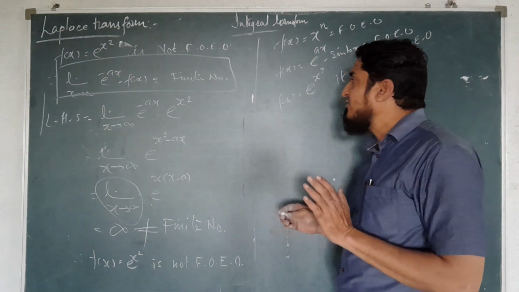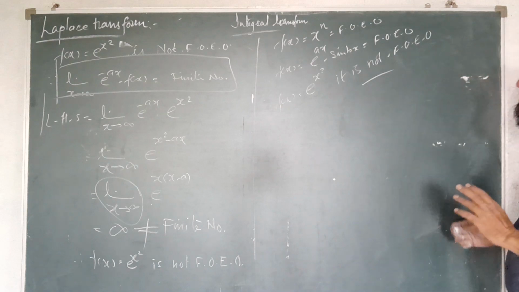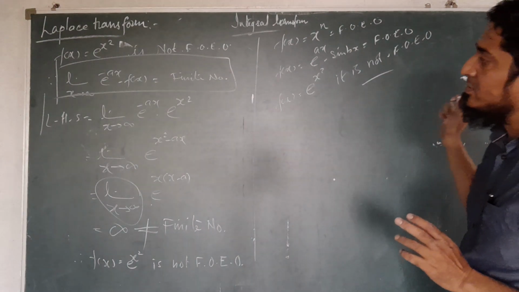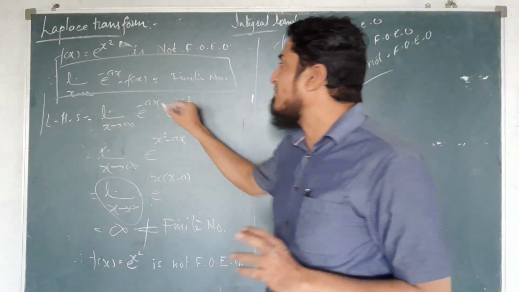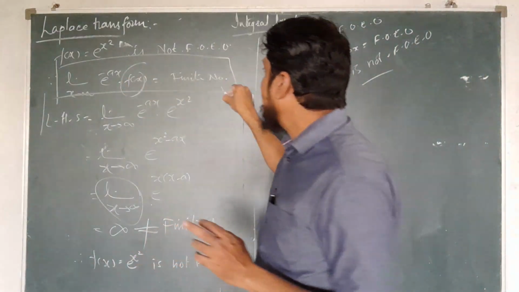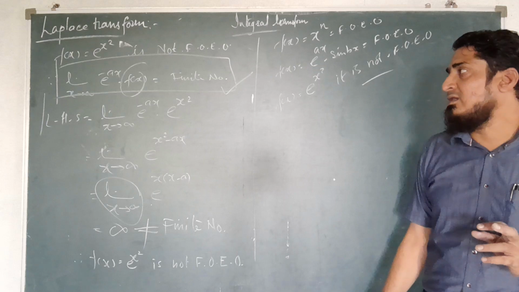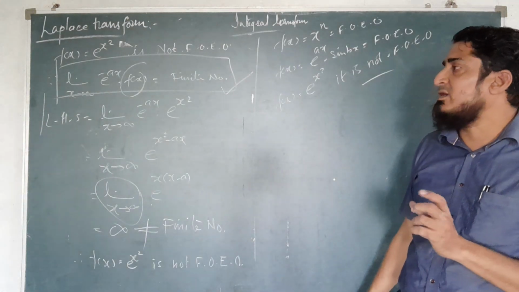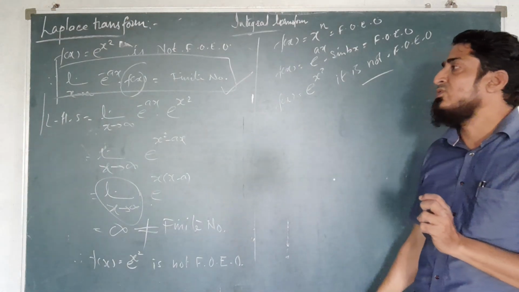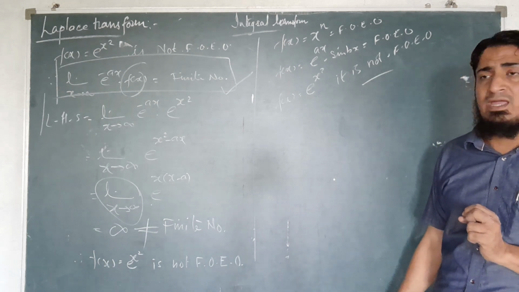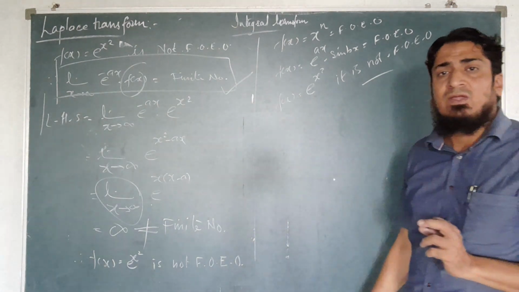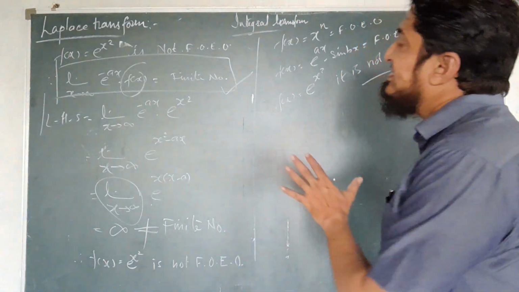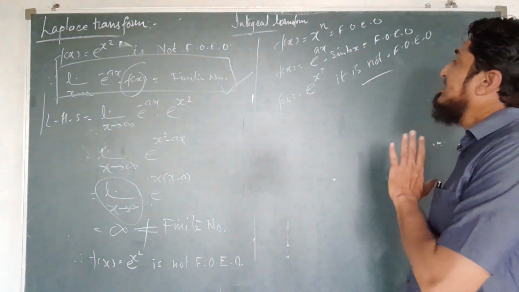For a function of exponential order, if f of x satisfies this expression, that is, we get a finite number after taking the limit as x tends to infinity of e raised to minus ax into the function, then we can say the function is of exponential order.